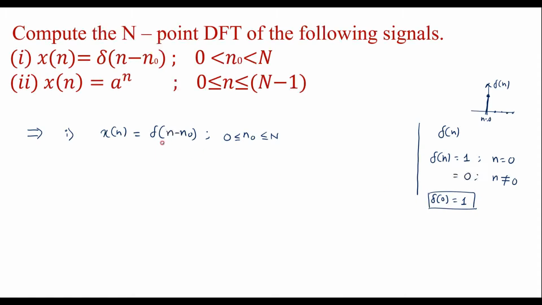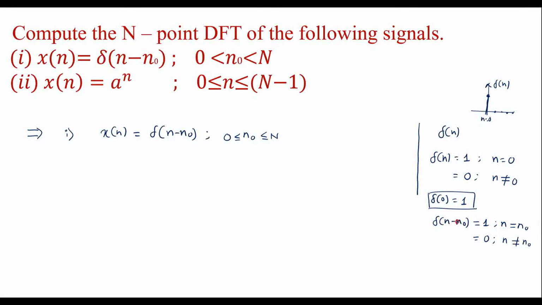Now we'll see what delta(n minus n0) is. Delta(n minus n0) is defined as 1 for n equal to n0 and 0 for n not equal to n0. So delta(n minus n0) is the same as delta(n) shifted by n0 units.